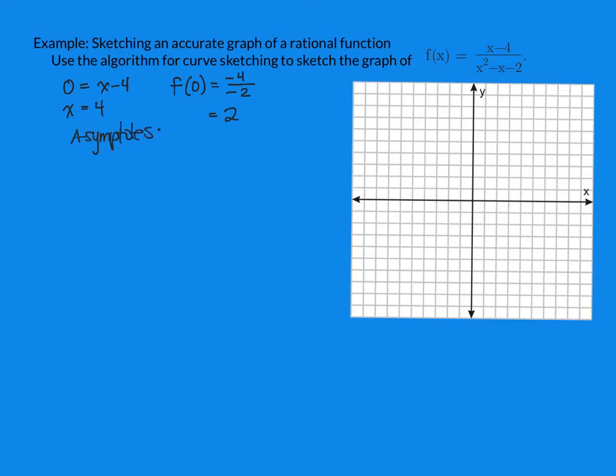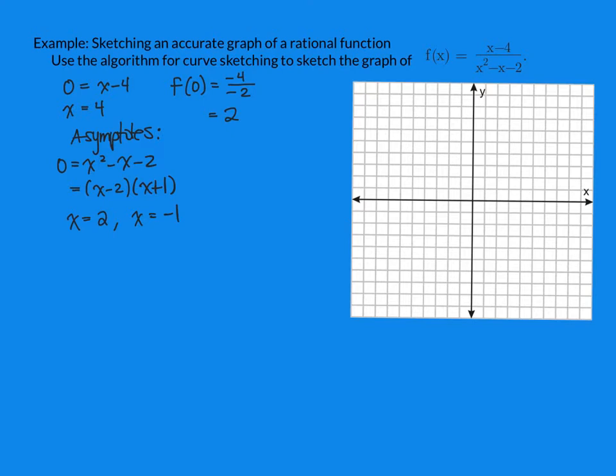I'm going to label this just to make it a little easier for everyone to follow the work. You should consider doing this too. And this denominator is nice and factorable. So we get asymptotes at x equals 2 and at x equals -1.